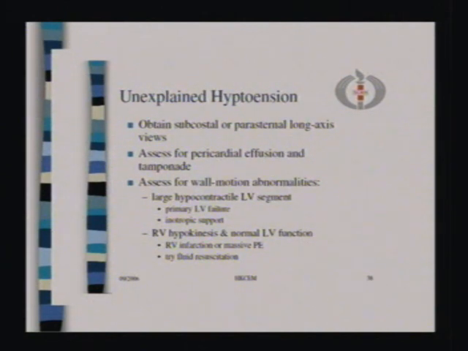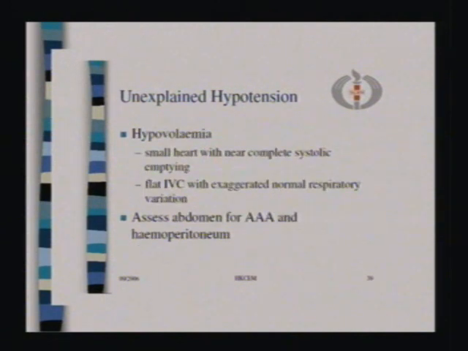If there is a hypocontractile large LV segment, there is primary left ventricular failure, so you give inotropic support. But if there is RV hypokinesis with a normal LV, then there may be an RV infarction or a massive pulmonary embolism. You have to give fluid resuscitation. So with echo, you can decide what clinical treatment you have to give to the patient.